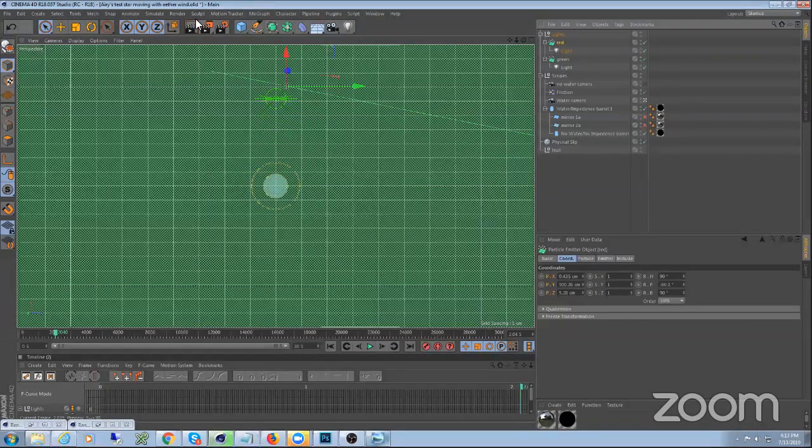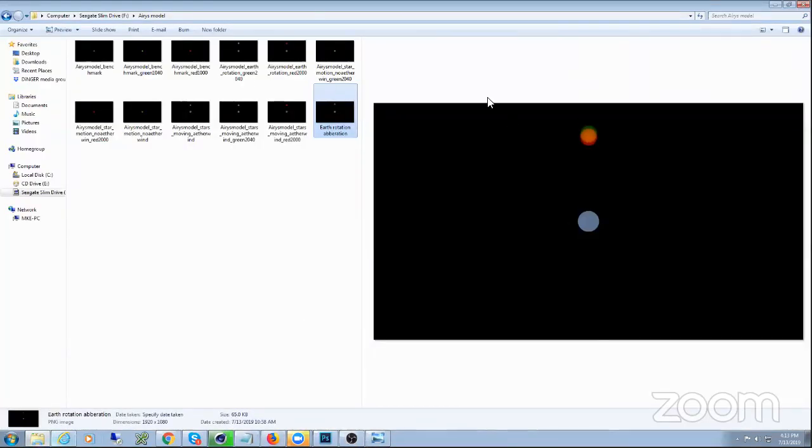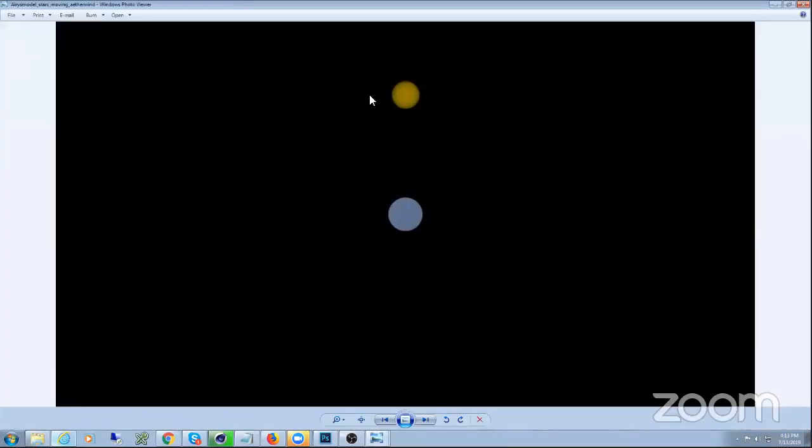There you go. If I render this now, that's where the green particle is. And if you overlay these two, where is it? Here. With the ether wind, you'd see there is no individual aberration between the two particles. They land at the same position relative to the center of the frame.